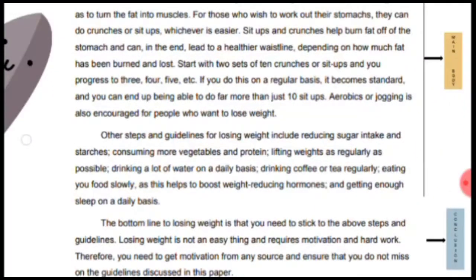And the last is conclusion. The sixth paragraph is the conclusion. The content is, first, in your conclusion, summarize the procedure.